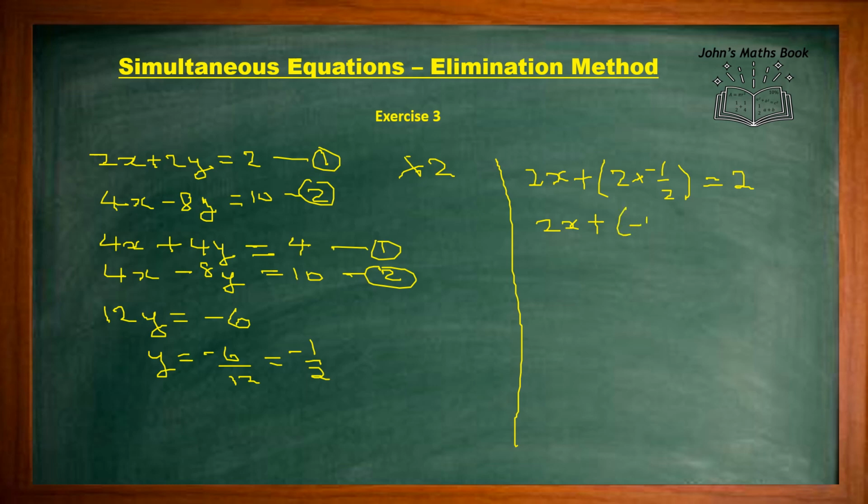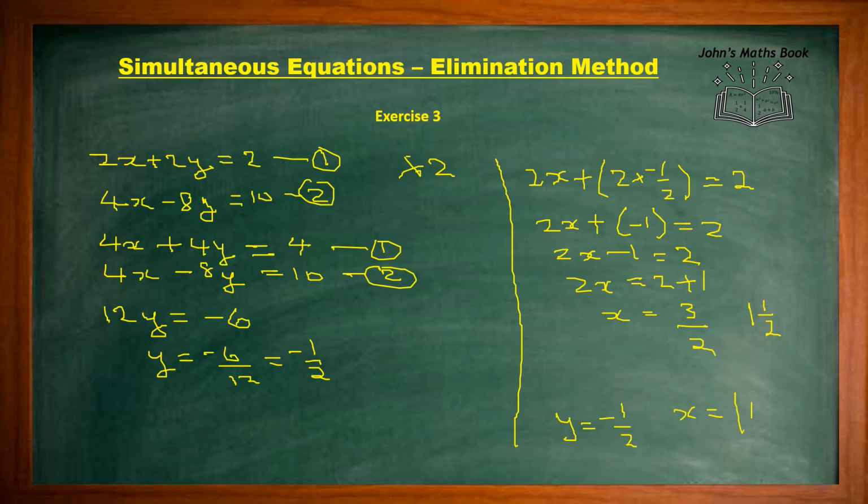So it's minus 1 equals 2. So therefore 2x minus 1 is equal to 2. So 2x is equal to 2 plus 1. So x is equal to 3 divided by 2, or 1.5. So the solution we have in this case is y is equal to minus a half and x is equal to 1.5.